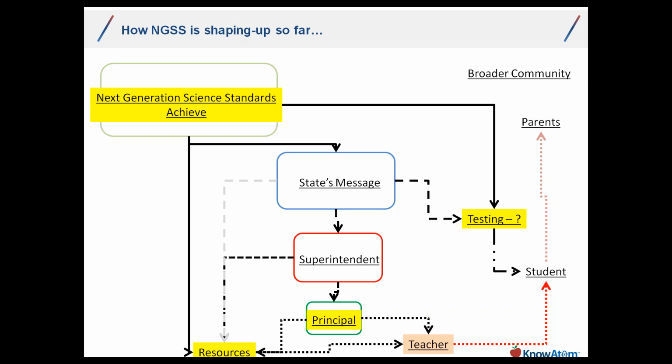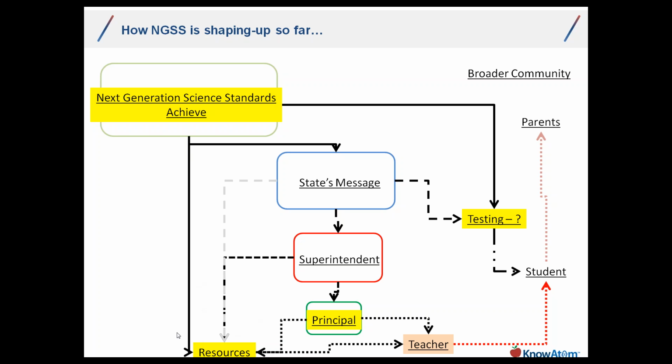It goes from the state to the superintendent, principals, and so on. What's interesting is that there's a much better set of resources, and also outreach to curriculum providers. And so with the Next Generation Science Standards, there's really no excuse for curriculum to not reflect the standards. That's why you see this other arrow from the Next Generation Science Standards down here to resources. Now here's where it gets a little tricky.